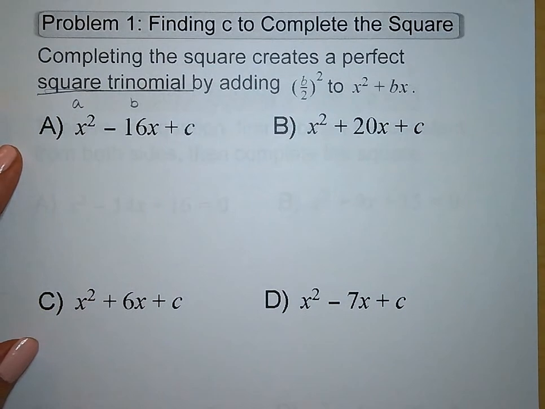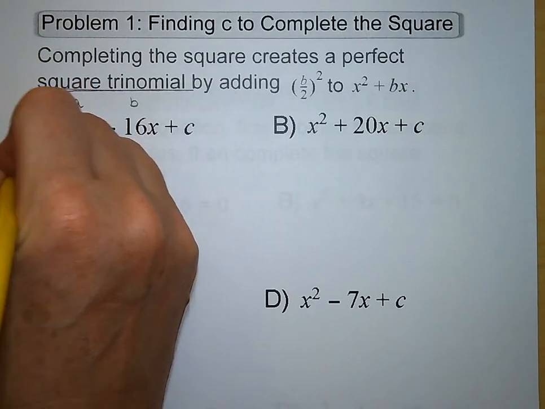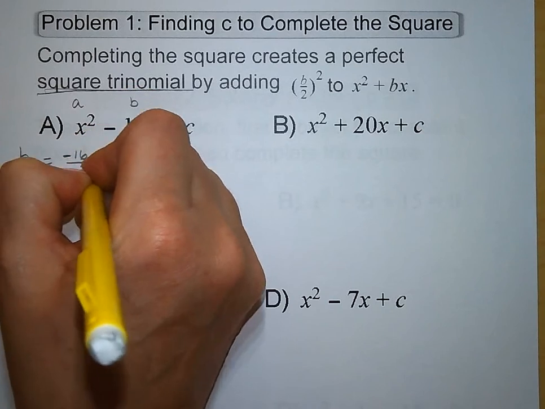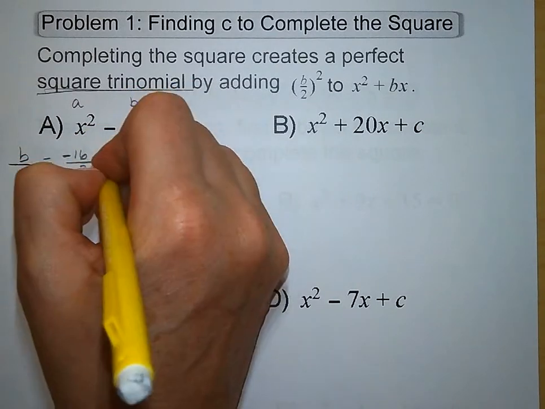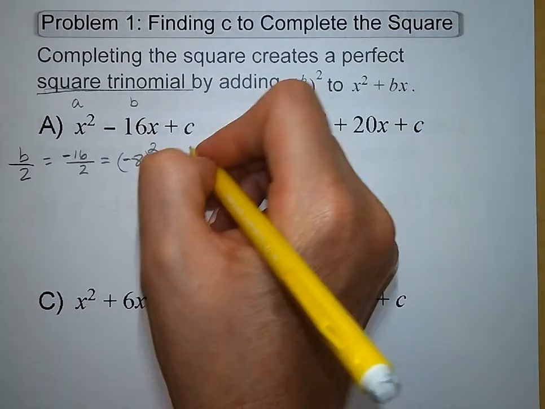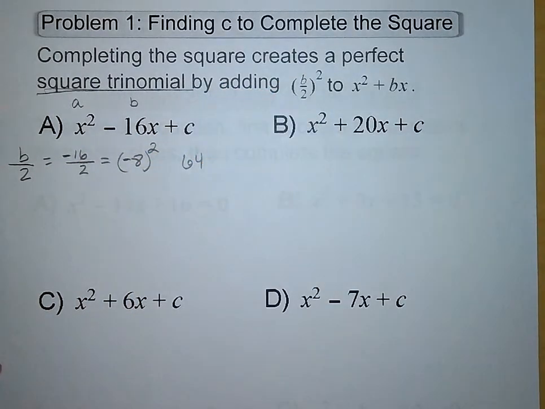Alright, so we set up our equation. It's going to be b over 2, so our b value is negative 16 divided by 2, and the whole thing is being squared. And that gives us 64.